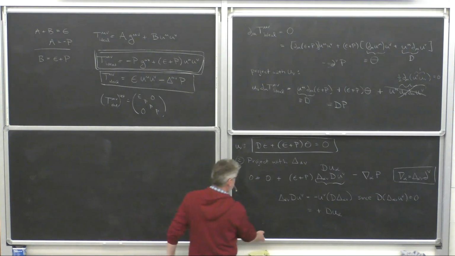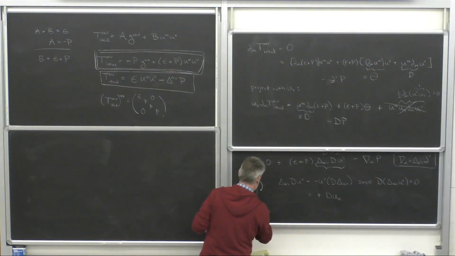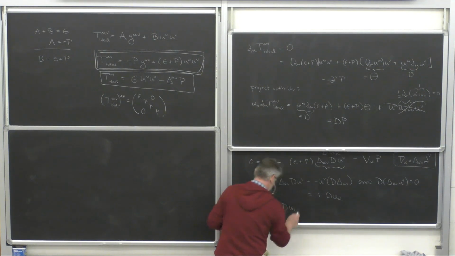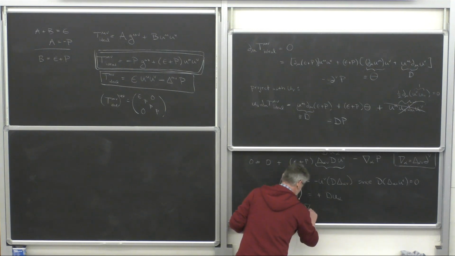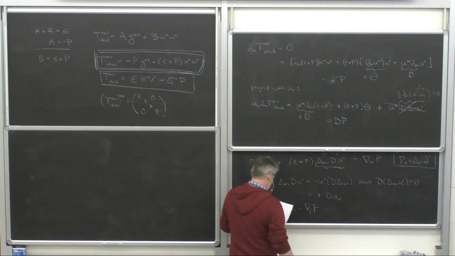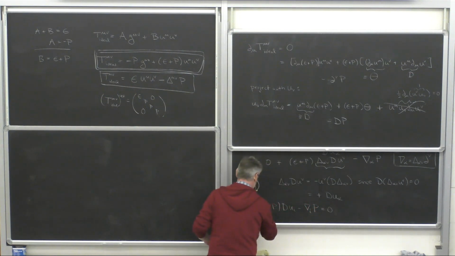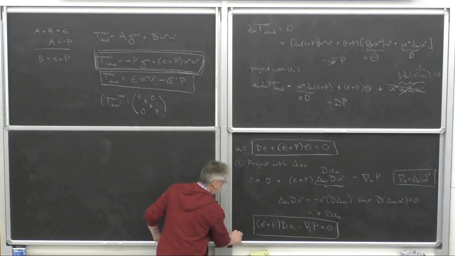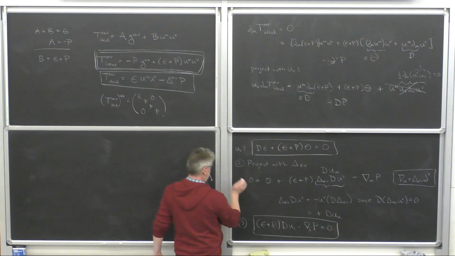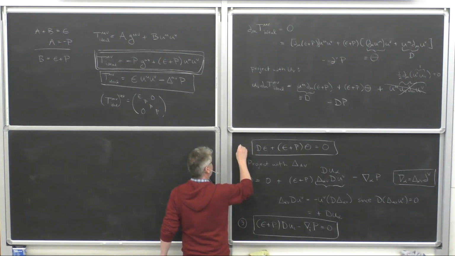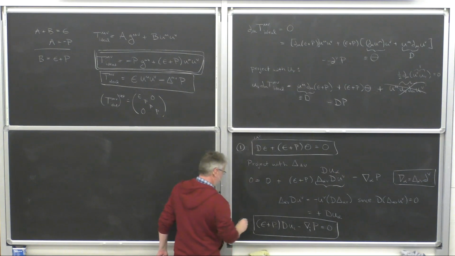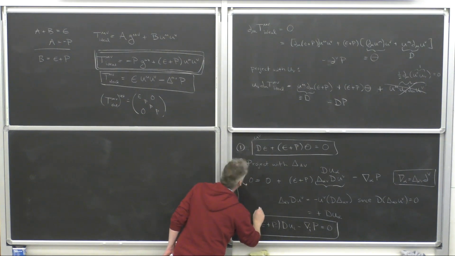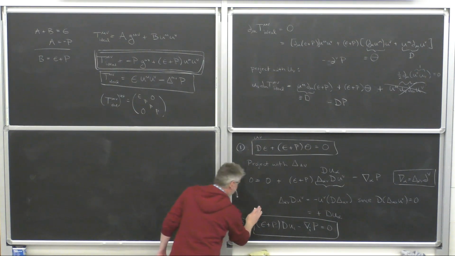So in the end, this translates into epsilon plus p times the co-moving derivative of the fluid flow velocity, plus gradients of the pressure along the space-like directions, has to be equal to 0. And this is three equations. This is one equation. This came from projecting with u mu, and this came with u rather, delta alpha mu.